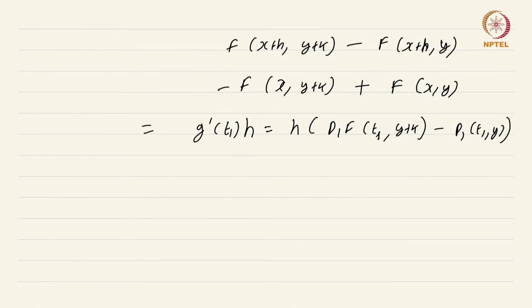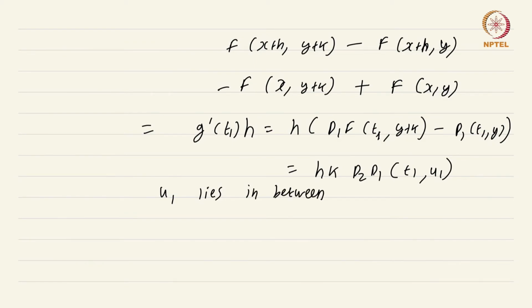Now we have assumed that d1 itself is differentiable in the sense that d2 of d1 does make sense. So now applying the mean value theorem to the function d1, we get this is nothing but hk times d2 d1 f of t1 comma u1, where u1 lies in between y and y plus k.